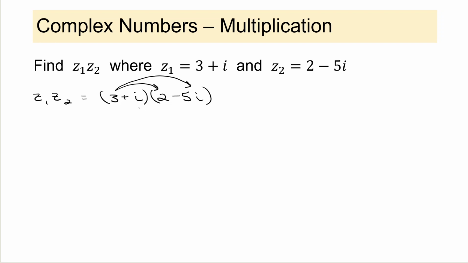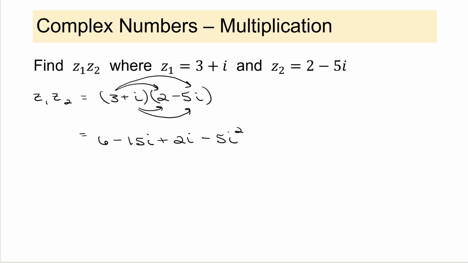We'll distribute the i across the second group. So what do we get? 3 times 2 is 6. And then 3 times negative 5i is negative 15i. i times 2 is plus 2i. i times negative 5i is negative 5i squared.